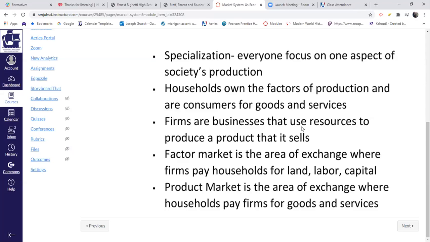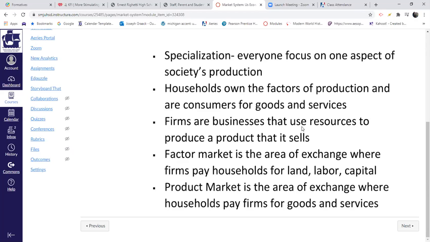that are made. So let's say you have a part-time job at Subway, you're part of the factor market. You go work for Subway, they pay you for your labor. You get a paycheck, whether it be once a week, twice, once every 2 weeks, whatever it might be.